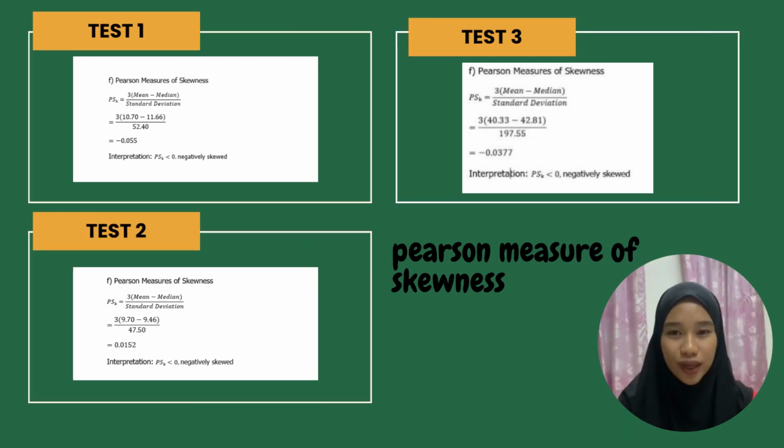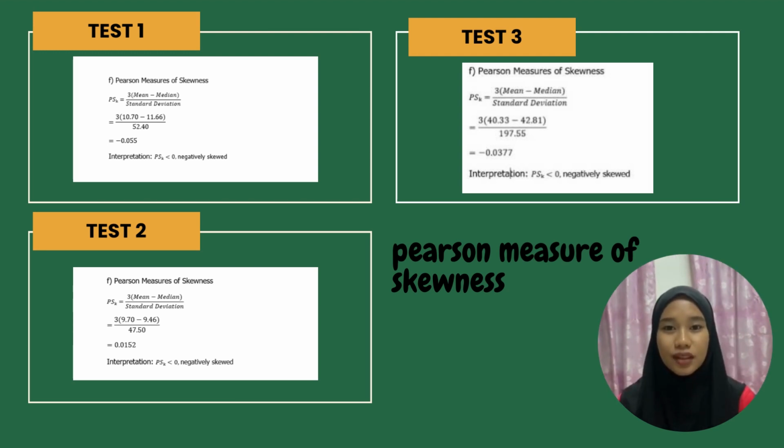Lastly, I am going to explain Pearson measure of skewness. Pearson measure of skewness is used to measure the coefficient of the distribution. The formula is: first, 3 must be multiplied by the mean minus the median, and the answer must be divided by the standard deviation. The answer of Pearson measure of skewness for task 1 is negative 0.055.